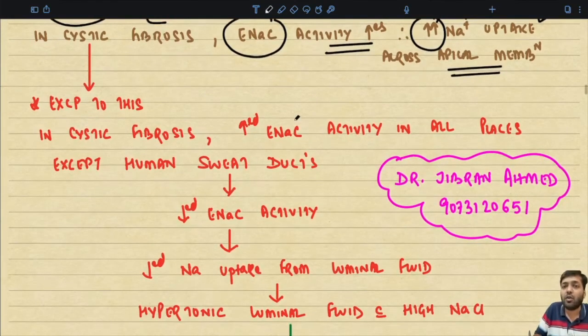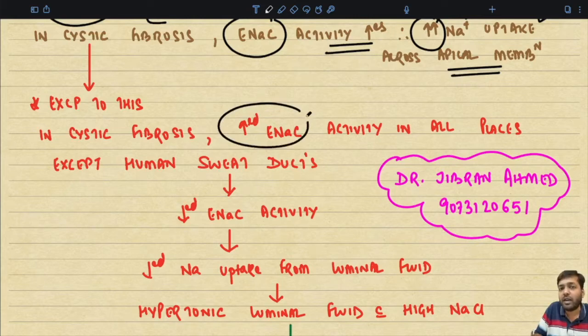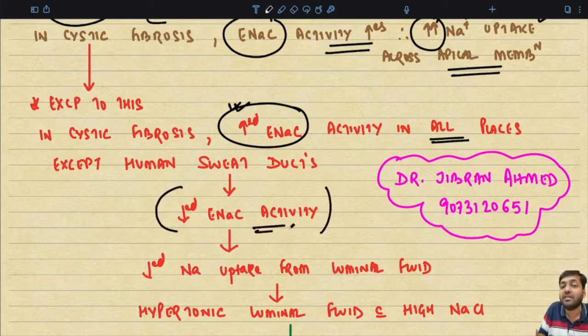In the sweat duct, in case of cystic fibrosis, the epithelial sodium channel activity behaves differently. Remember, the epithelial sodium channel activity is increasing at all the places in case of cystic fibrosis except the human sweat duct, wherein the epithelial sodium channel activity is reducing.